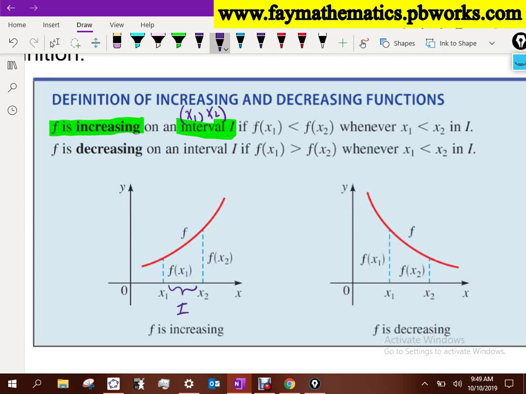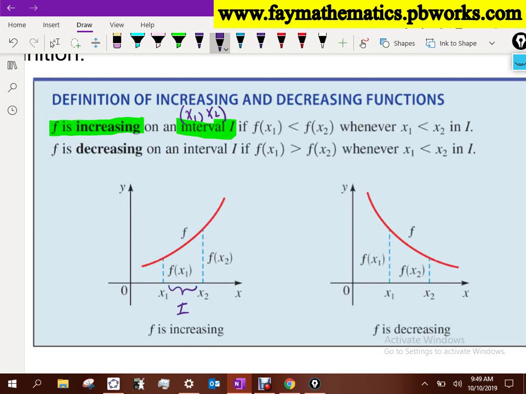All right, so they use a capital italicized I a lot of times to represent just some generic interval. Here, because I'm using x1 and x2, maybe they would write this in a different textbook. They might say f is increasing on an interval x1 to x2, open interval, so I don't include the actual values x1, x2. When I insert x1 into my function, I get a y value.